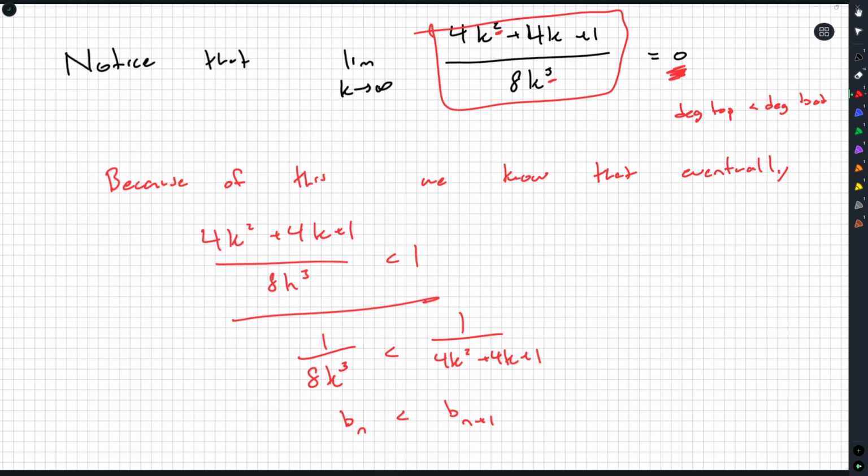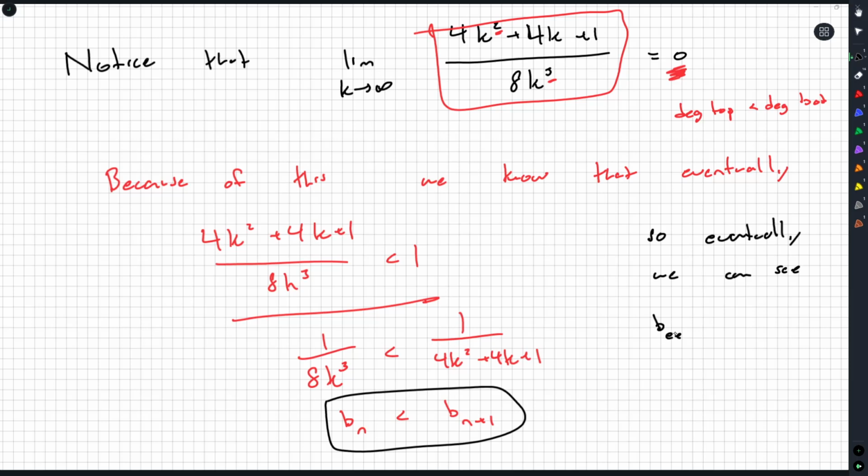So to summarize, what this shows is that eventually we can see that b for an even index is less than b for an odd index, so the b_n's are not going to always be decreasing. Now, it would be true that b odd, the next term, is less than that as well.